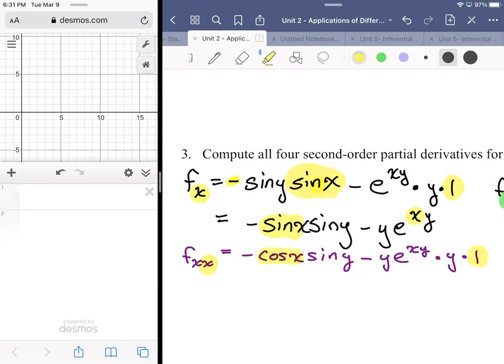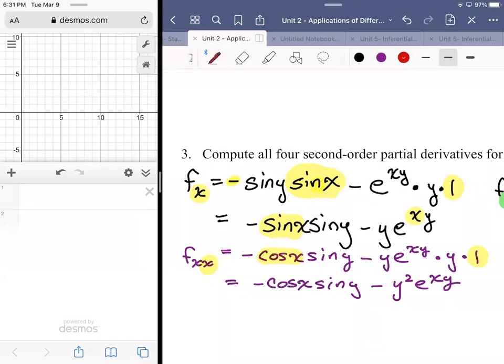I can clean this up if I want to, but there's really no value in doing that, just because I'm not taking the third derivative, at least not yet. Sometimes we can't resist. The negative cosine x sine y minus, and in the grand scheme of things, there really isn't much to simplify.